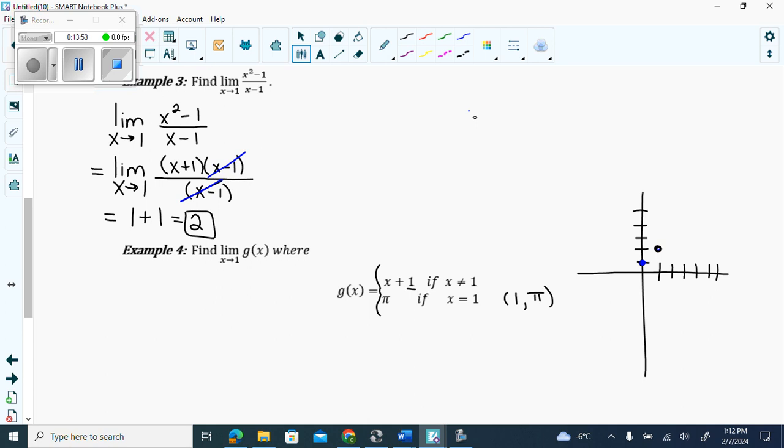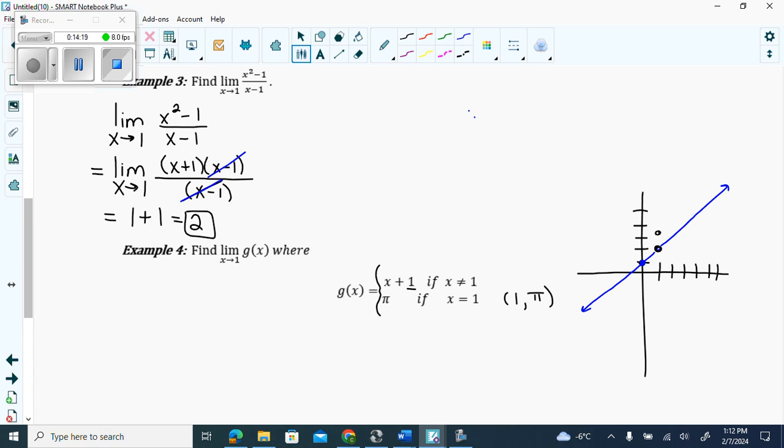And then we keep going like this. And then at 1 and pi, I have a closed dot, 1 and 3.14. That's technically kind of what the graph looks like. We agree? There's a whole entire line, x plus 1, open dot at 1, and then there's a coordinate at 1 and pi.